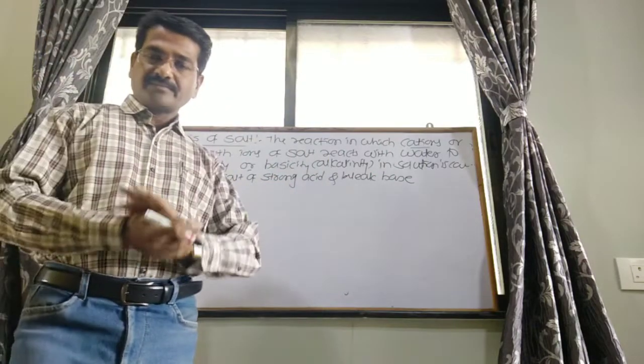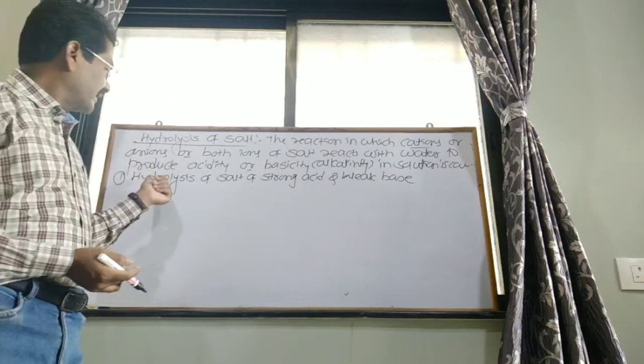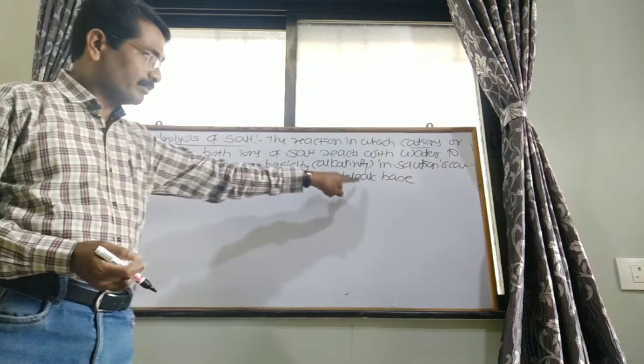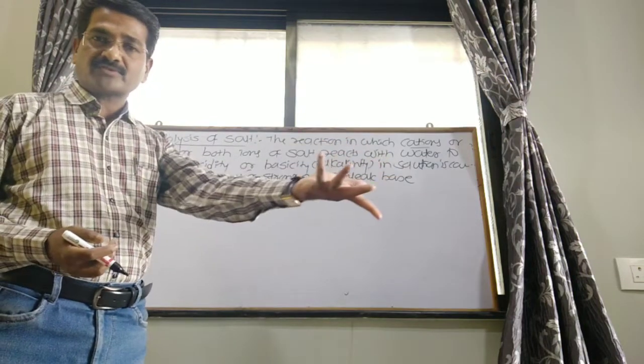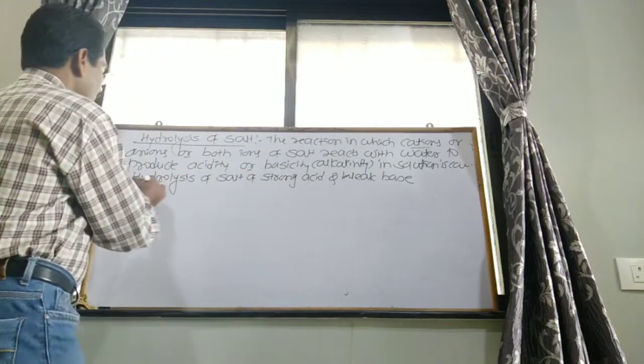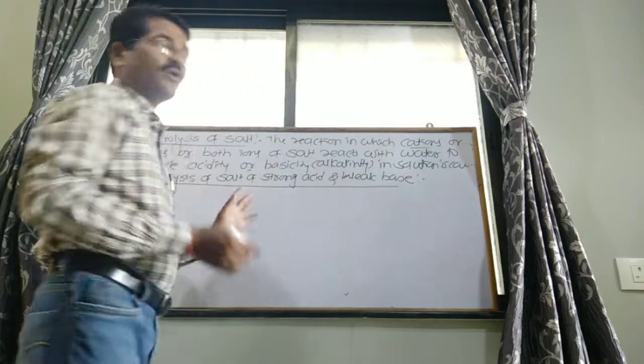A 2 marks question in the board pattern can ask: explain hydrolysis of salt of strong acid and weak base. You know the examples of strong acid and weak base from just a minute before. So hydrolysis of salt of strong acid and weak base, how to explain?